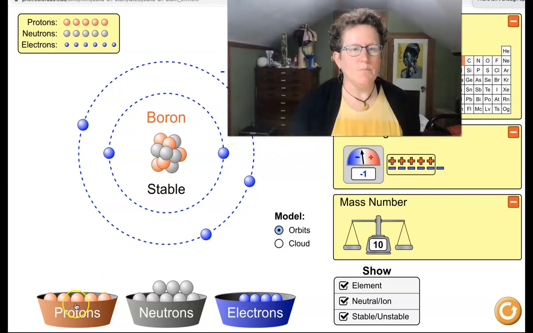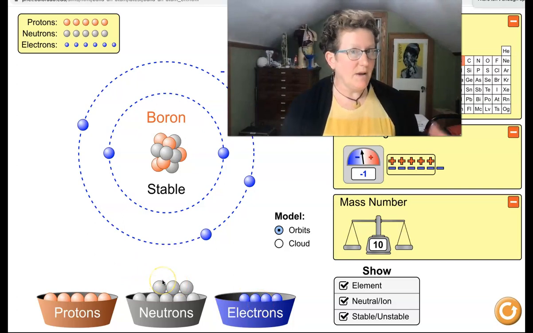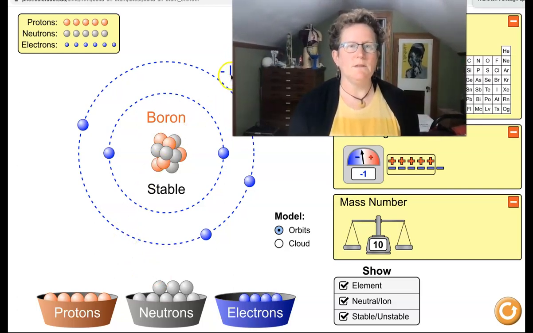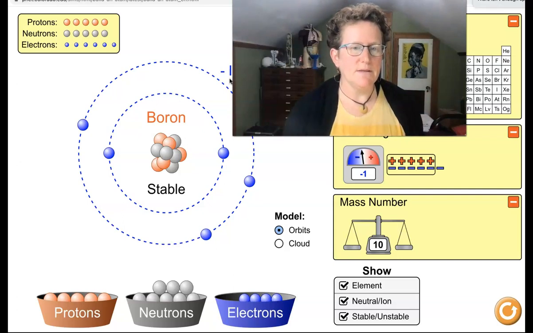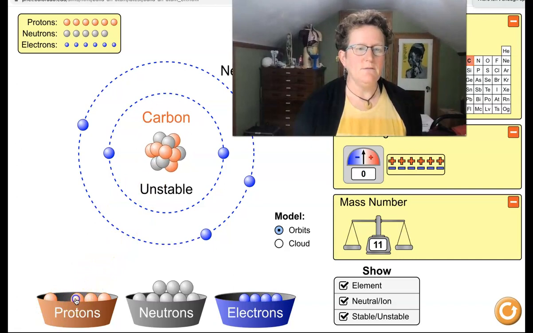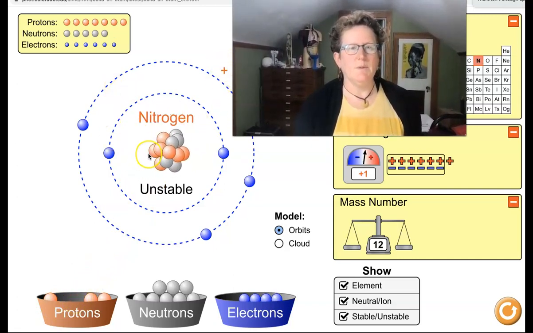So you can see that protons and electrons have the charge. Neutrons, by definition, they're neutral. They don't have a charge. So they don't enter into calculating whether it's a negative or positive atom. A negative or a positive atom is an ion. If we shift this charge to positive, it becomes a positive ion, and you can see that positive charge matches the protons.